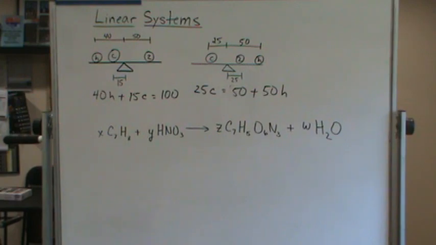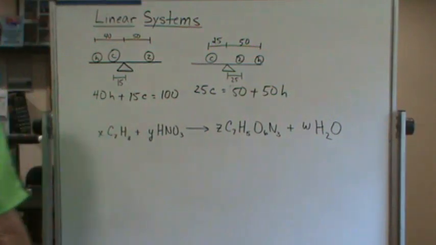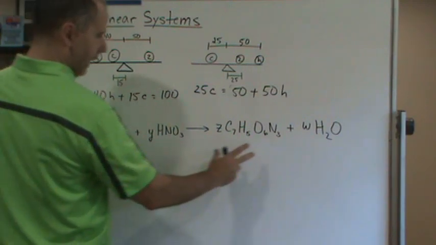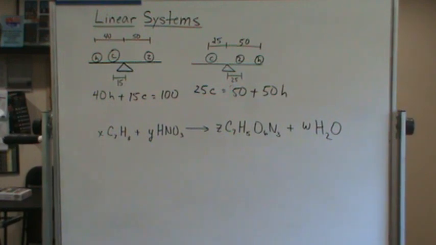The number of atoms of each element present are given here: nitrogen, hydrogen, oxygen, and carbon. They must be equal before mixing, and after mixing everything should balance out. So we're going to have to come up with a system of equations to do that.